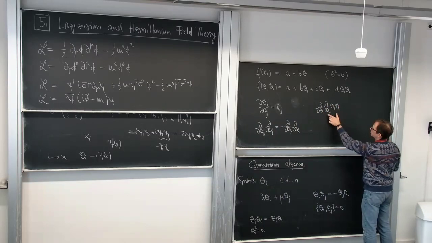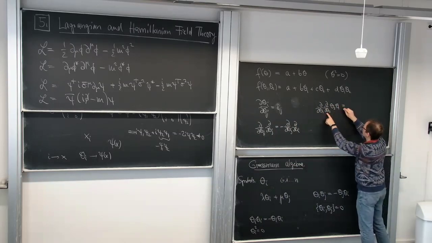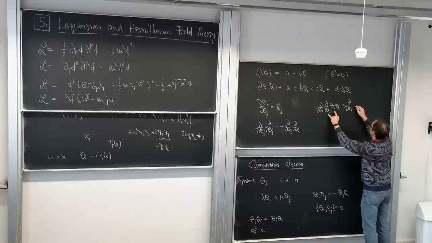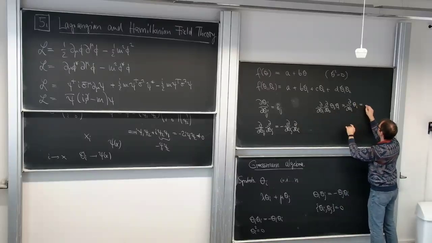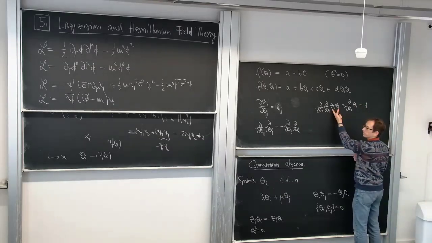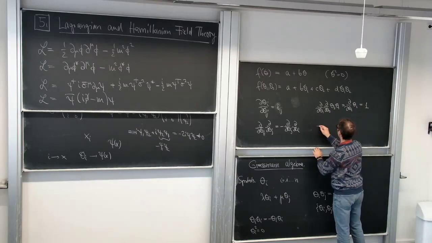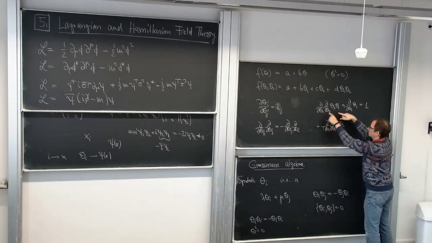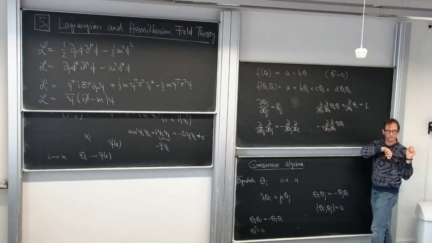I write it in this order because then the derivative hits the 2 without doing any funny business. And then we have theta 1, and this is, of course, 1. And then these two hit each other, and that's just 1. And now I know if I turn them around, then I get a minus sign. So certainly, with the rules we set up, this is equal to this with a minus sign.